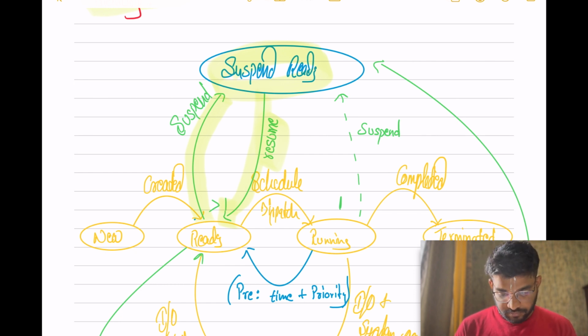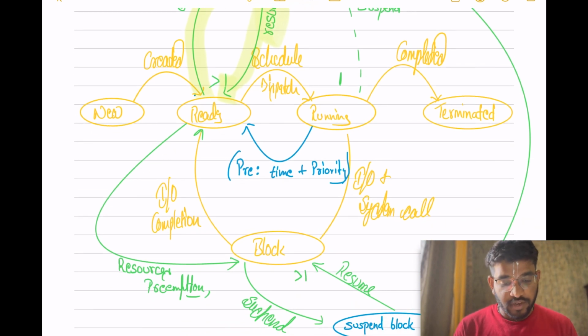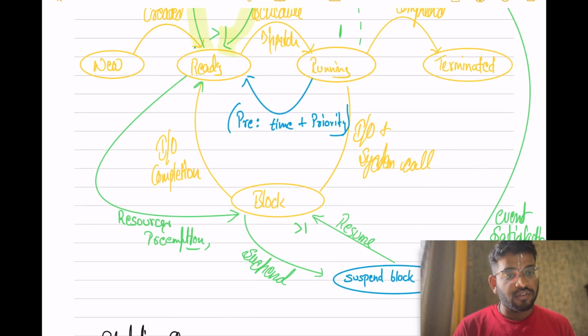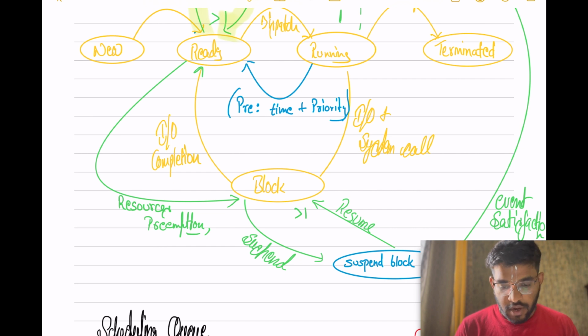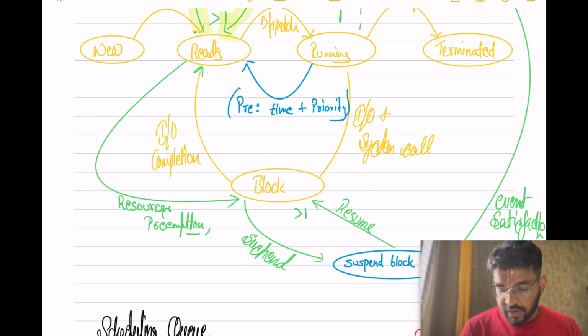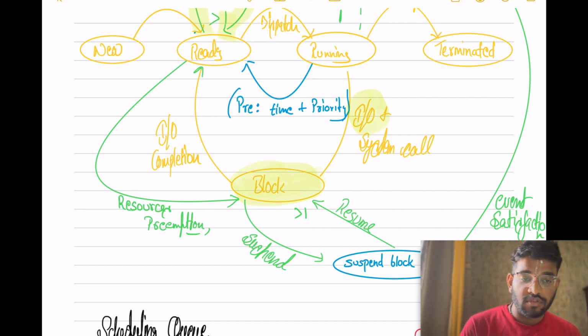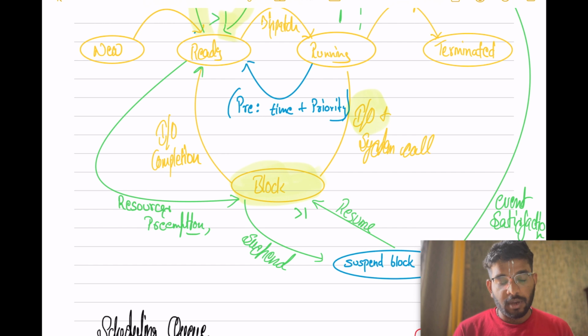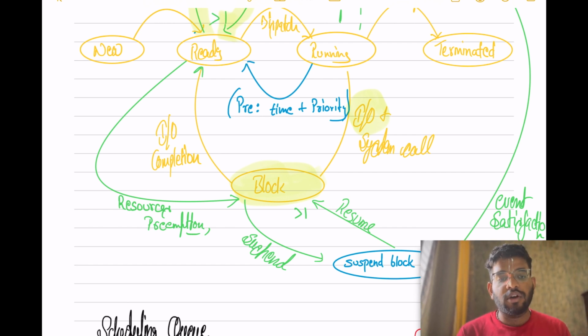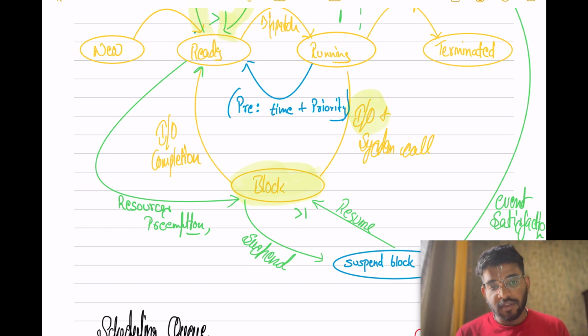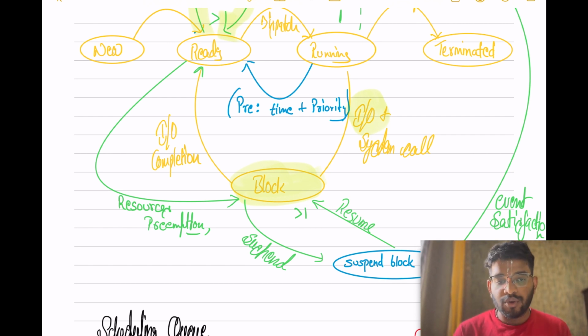Now, from the block state, if a process is in block state, which means it is waiting for an IO operation or a system call, what if during the IO operation it requires resources that are currently not available? It does not have resources to continue its execution.